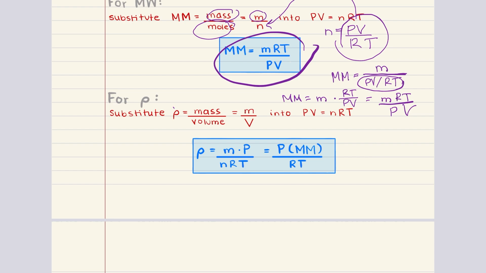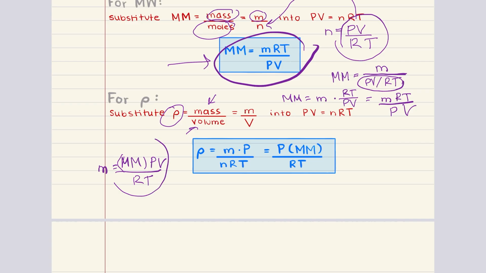Now, let's derive an equation for density using the relationship we just found for molar mass. Density is defined as mass per unit volume, so m divided by V. Now, we can take our molar mass equation that you see right here, and we're going to rearrange it to solve for m. When we do that, m is going to be equal to the molar mass multiplied by PV divided by RT.